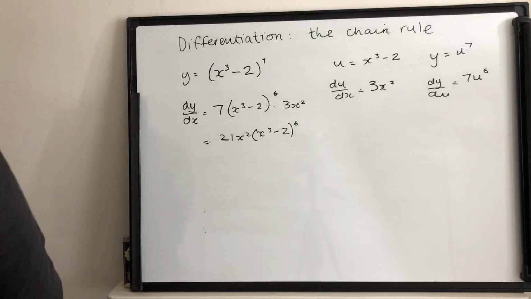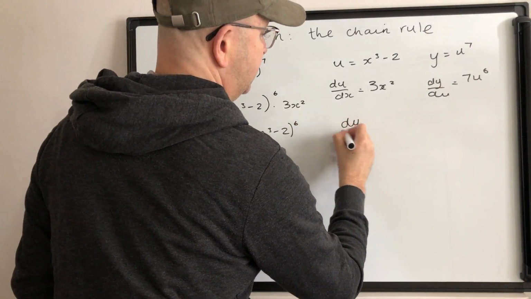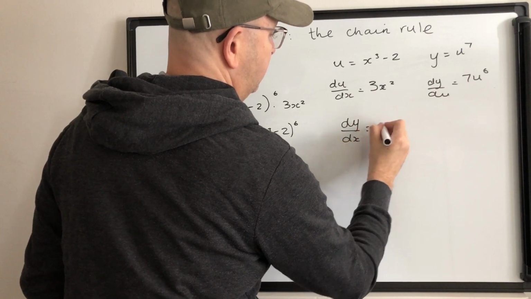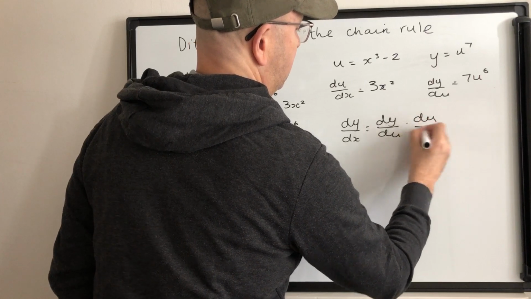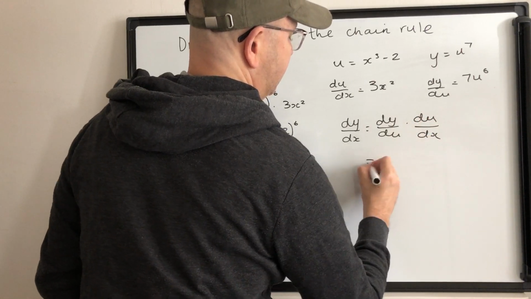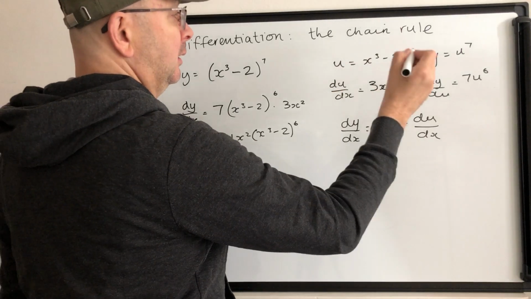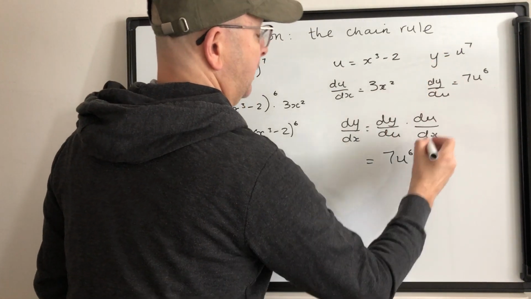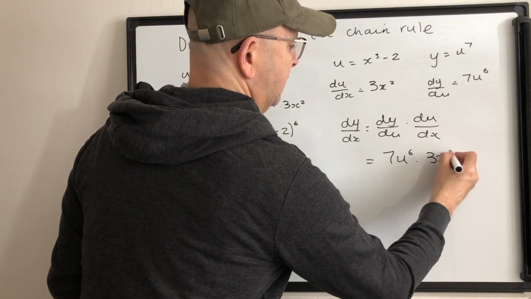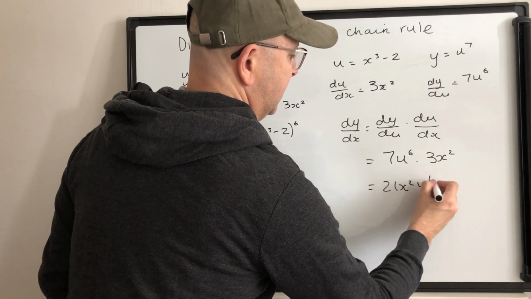So we then lay out our chain rule formula. So dy/dx equals dy/du times du/dx. We put them all together and we have 7u⁶ times 3x², which is 21x²u⁶.